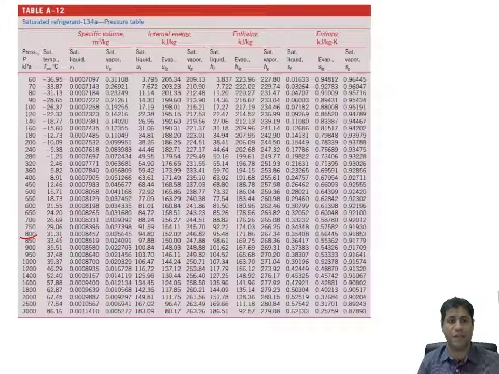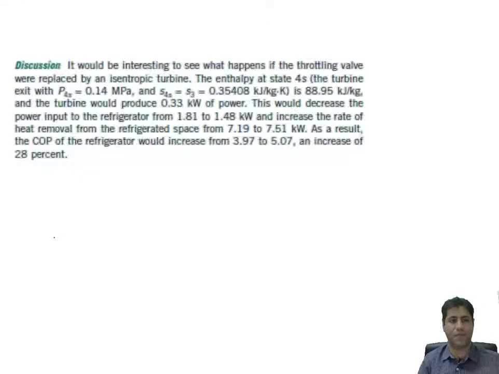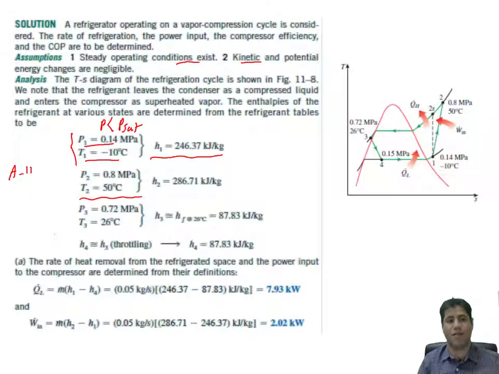The saturated temperature is 31.31 degrees Celsius, but the temperature which we have here is 50 degrees Celsius. In other words, T here is higher than the saturation temperature for this pressure. So this state is in the superheated region.